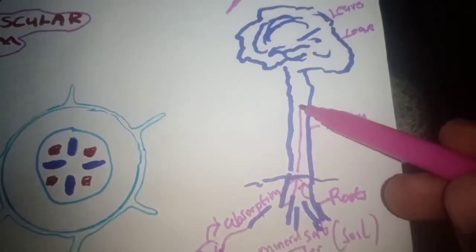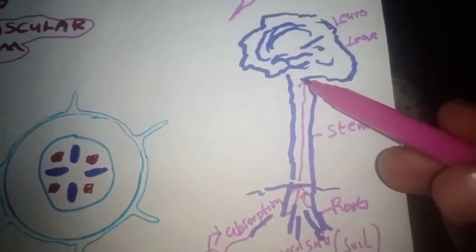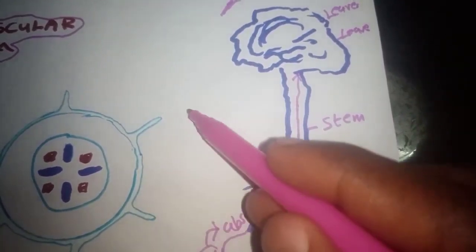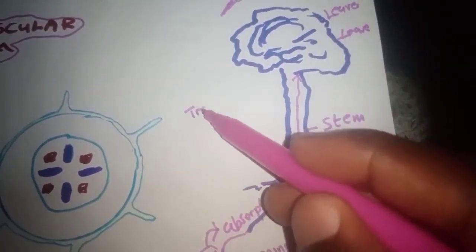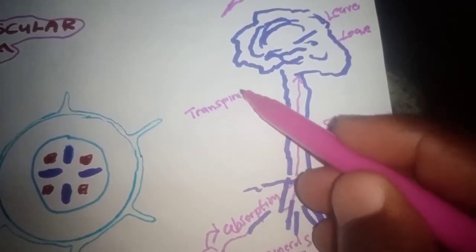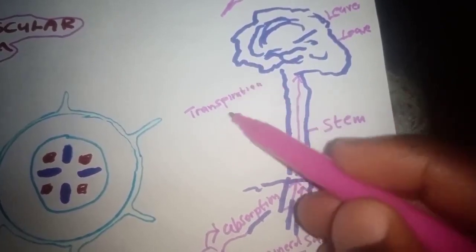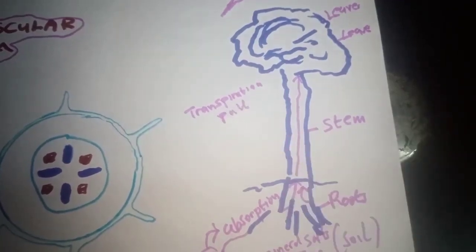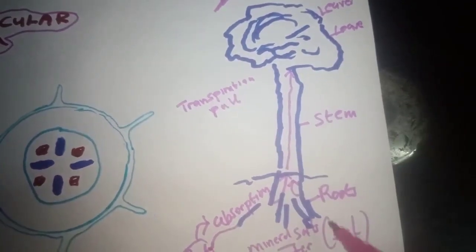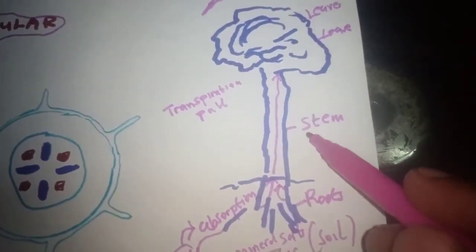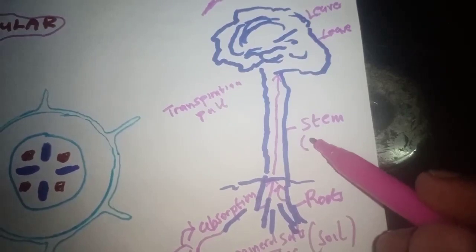Now what pulls the water and the mineral salts up, we call the transpiration pull. We'll discuss the transpiration pull and everything about transpiration in our next video. So water and mineral salts are being transported here. Now the stem contains special structures.